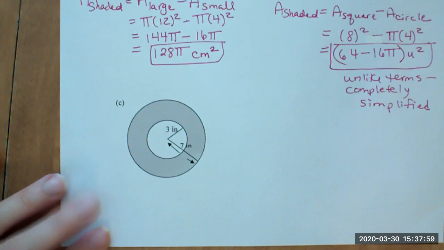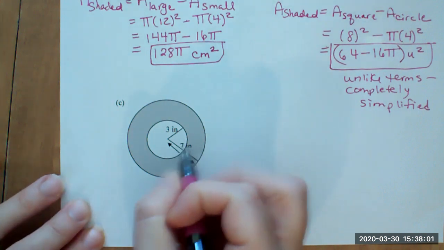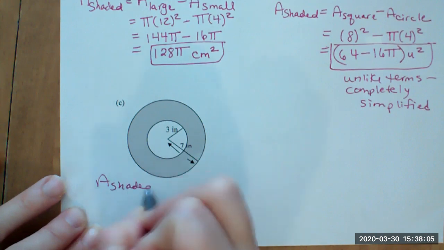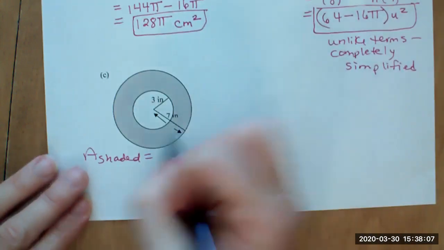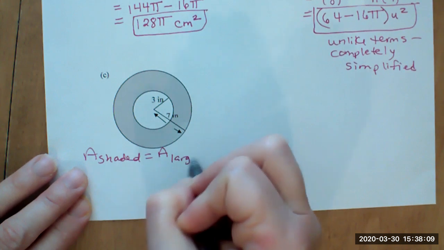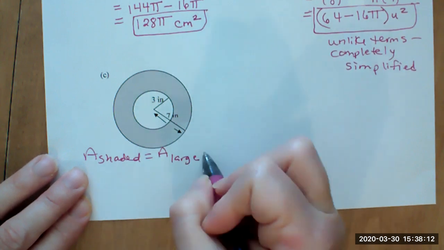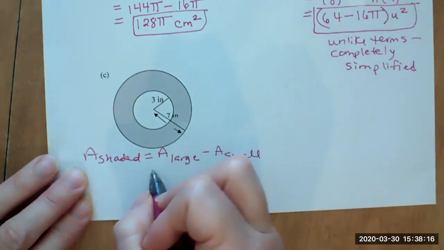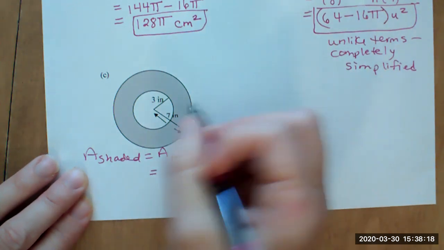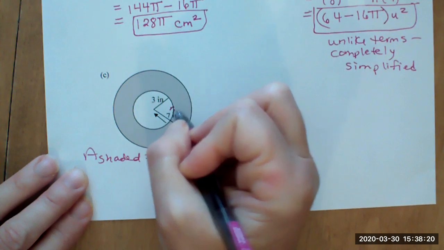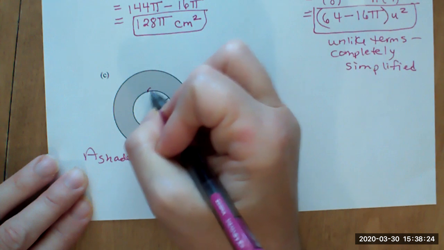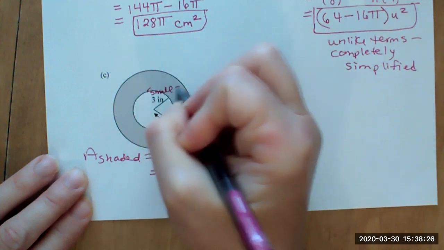Let's move on. We know that the area of the shaded here has to be the area of the large circle minus the area of the small circle, okay? Now, the radius of the large is going to be 7 inches. The radius of the small is going to be 3 inches.